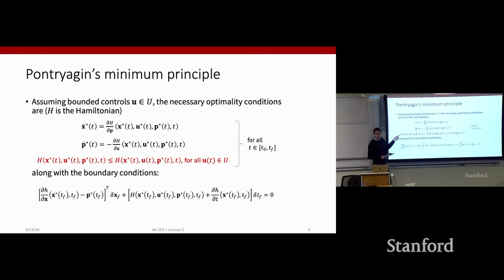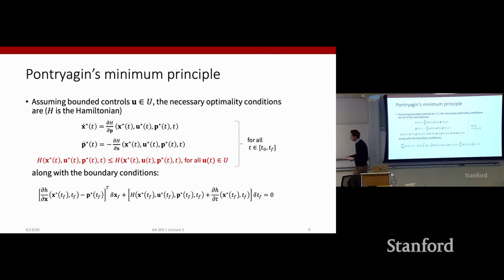Here, we are strengthening the algebraic conditions, which entail that the candidate control U had to be a stationary point for the Hamiltonian, given X and P. And now we are strengthening that condition, whereby you should see that we are trying to minimize this function only as a function of U. So given some X and P, we are finding the global minimum with respect to U of H.